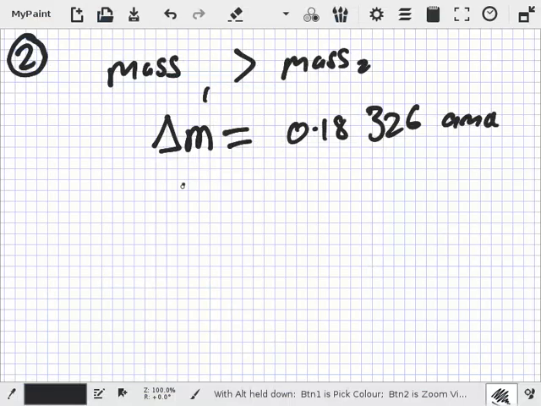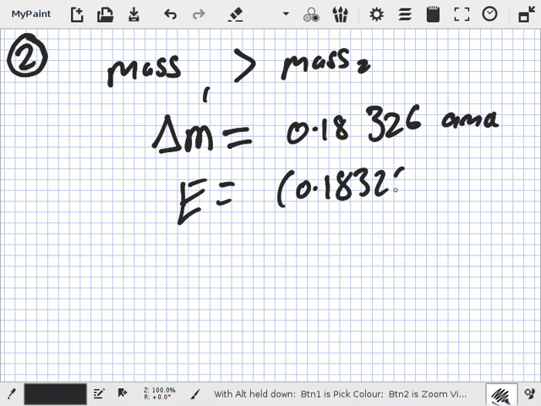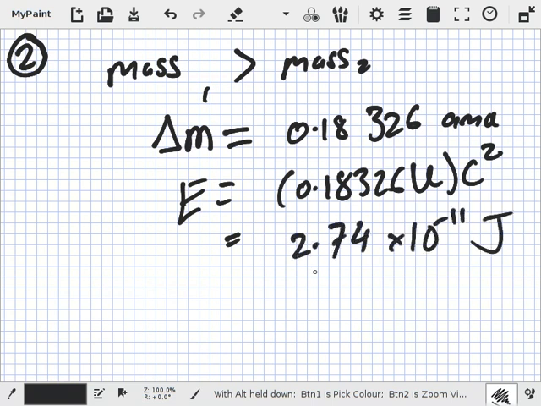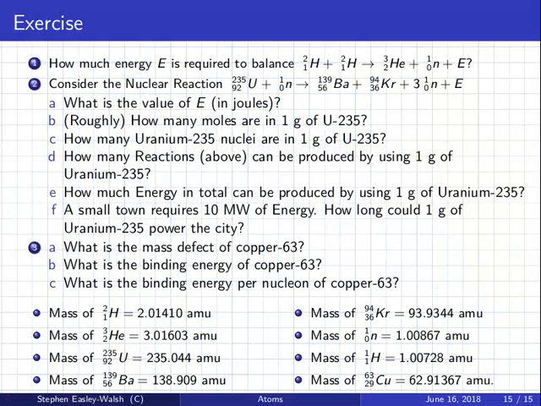Okay, so then the energy will be this times the U times the C squared, and what do we get here? 2.74 times 10 to the power -11. Okay. B. How many moles are in a gram of uranium?